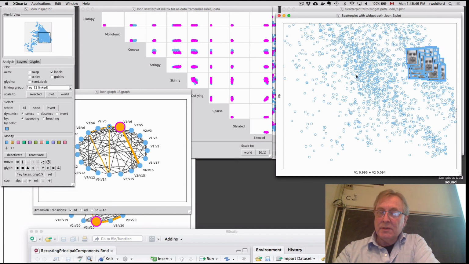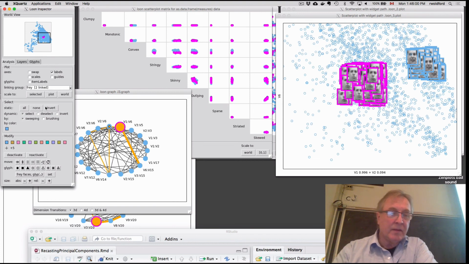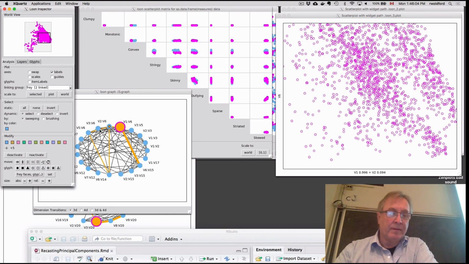Versus, let's see, these guys. Huh. Roughly happy and sad, those two groups that we just saw fly by. So all, and back to the world.